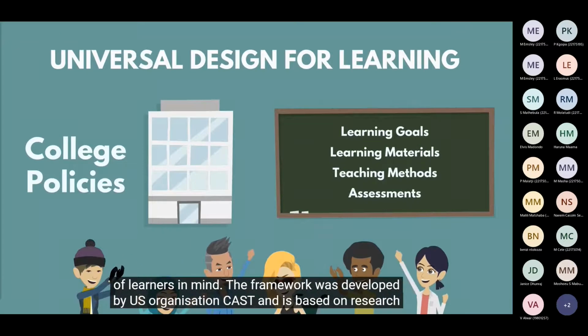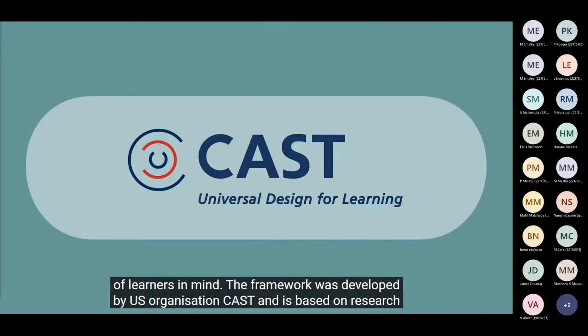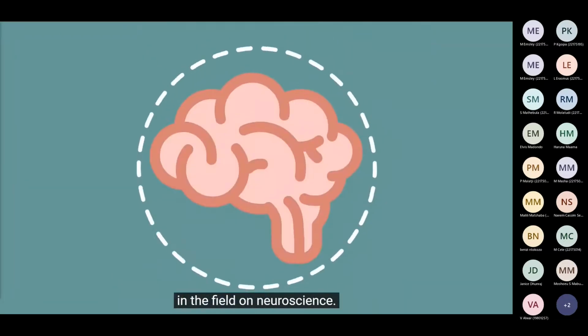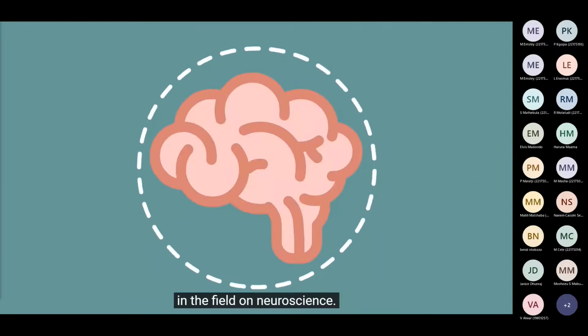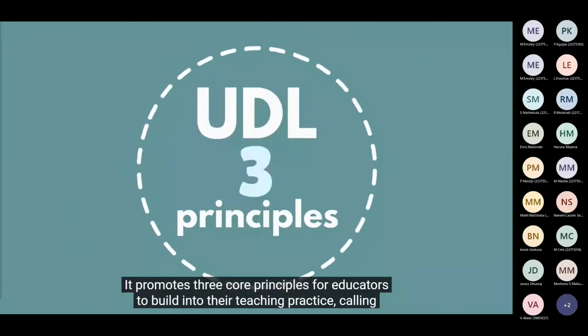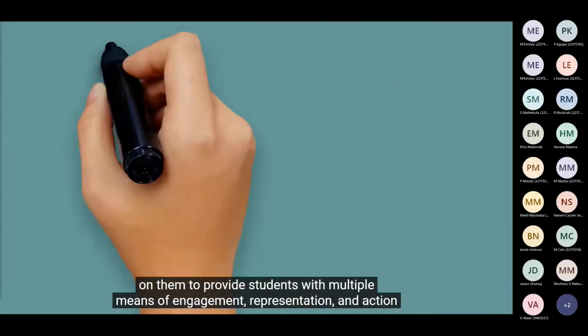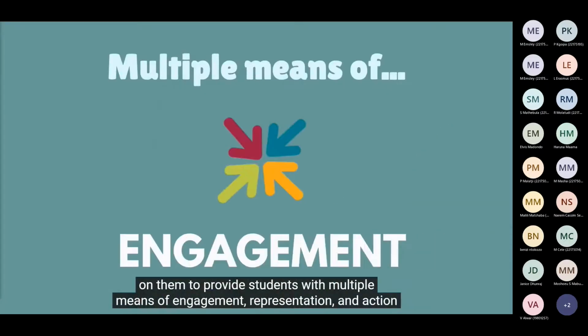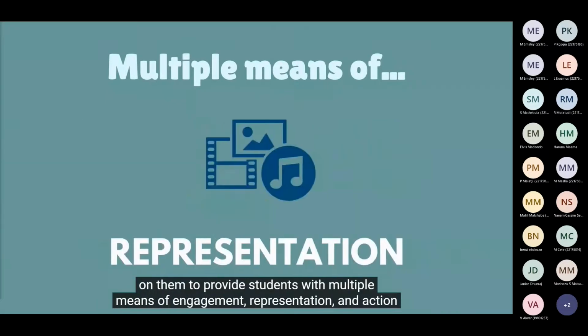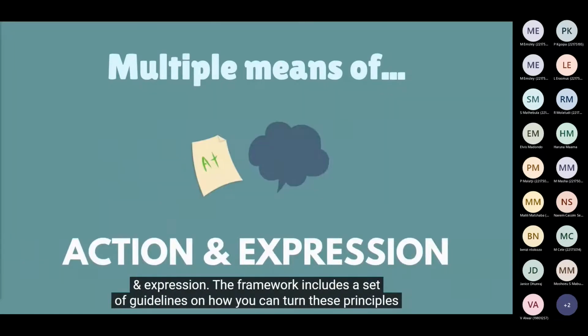The framework was developed by US organization CAST and is based on research in the field of neuroscience. It promotes three core principles for educators to build into their teaching practice, calling on them to provide students with multiple means of engagement, representation, and action and expression. The framework includes a set of guidelines on how you can turn these principles into practice.